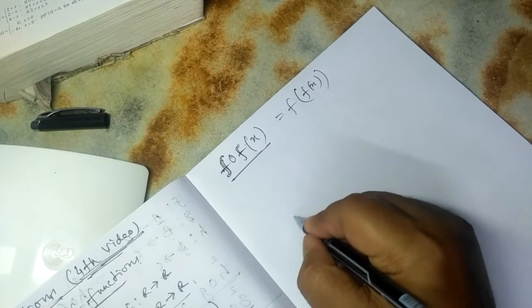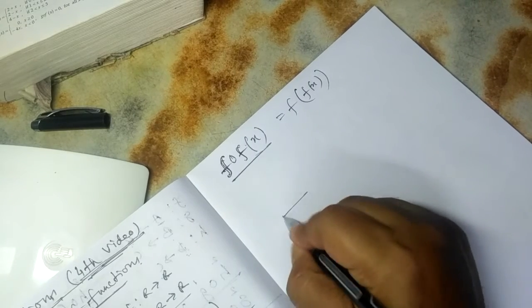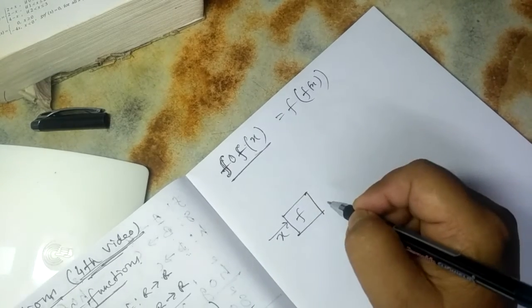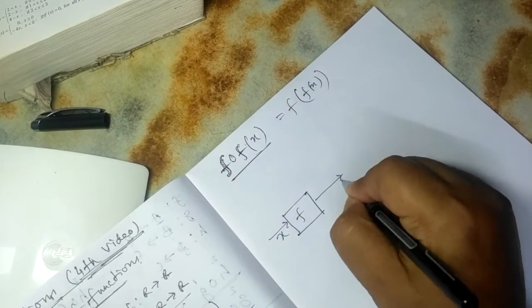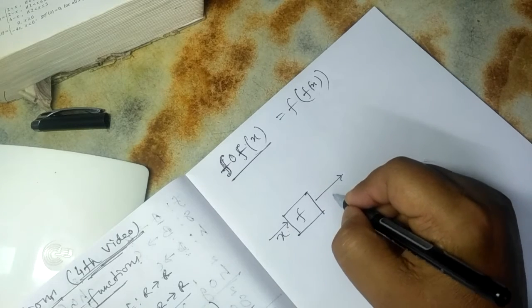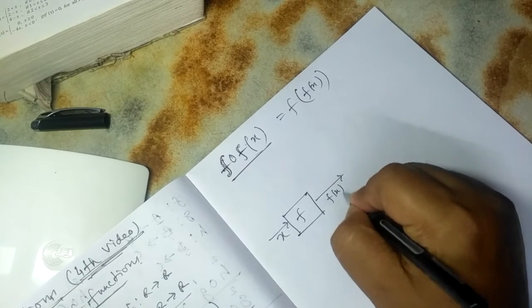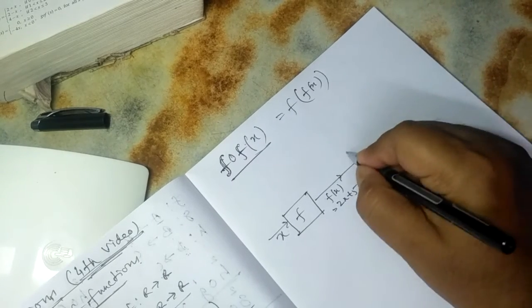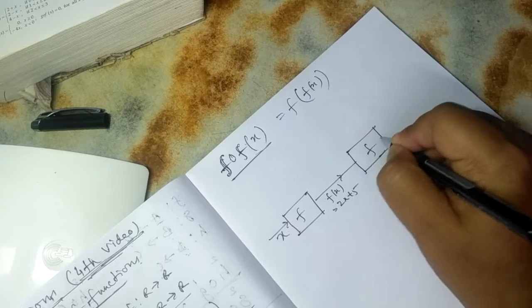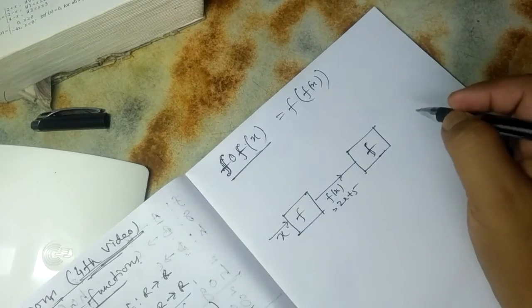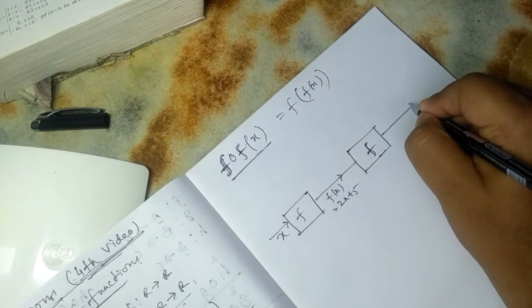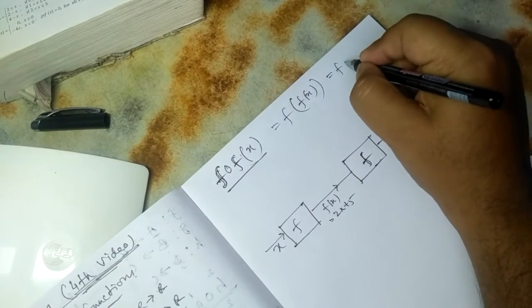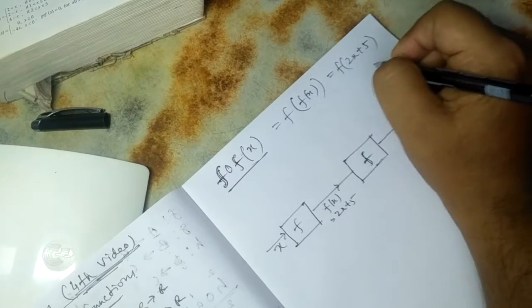That means, say this is the input x, it is coming to f. What is its output? Its output is f(x), which is 2x plus 5. Now this is taken as input of the next function, which is also f. That is, f of 2x plus 5.